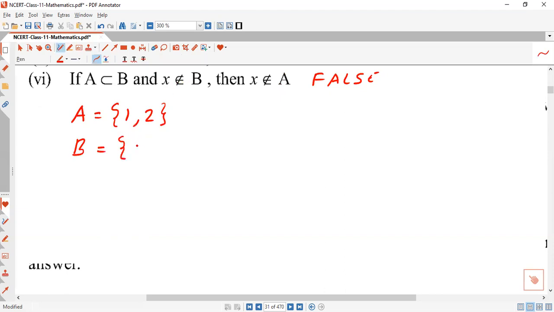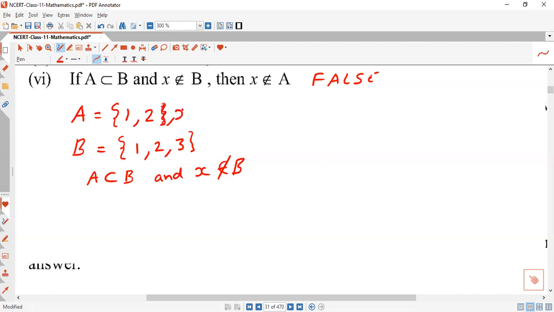We say 1, 2, 3. See here in this case, A is a subset of B because all the elements of A lie inside B, and you see that here X is not an element of B. X does not belong to B. So now you see that X is also not in A. X does not belong to A. So this may be true or may be false, because you can take X also.